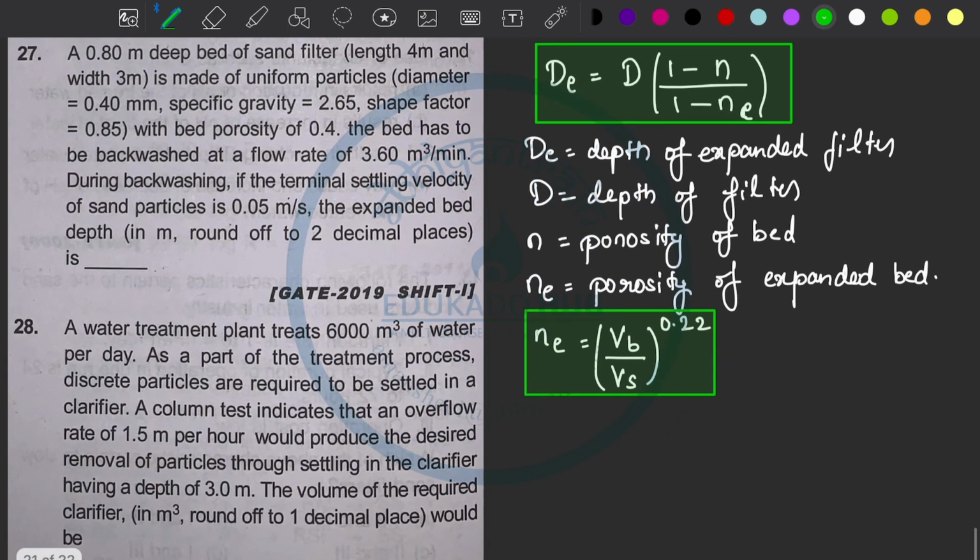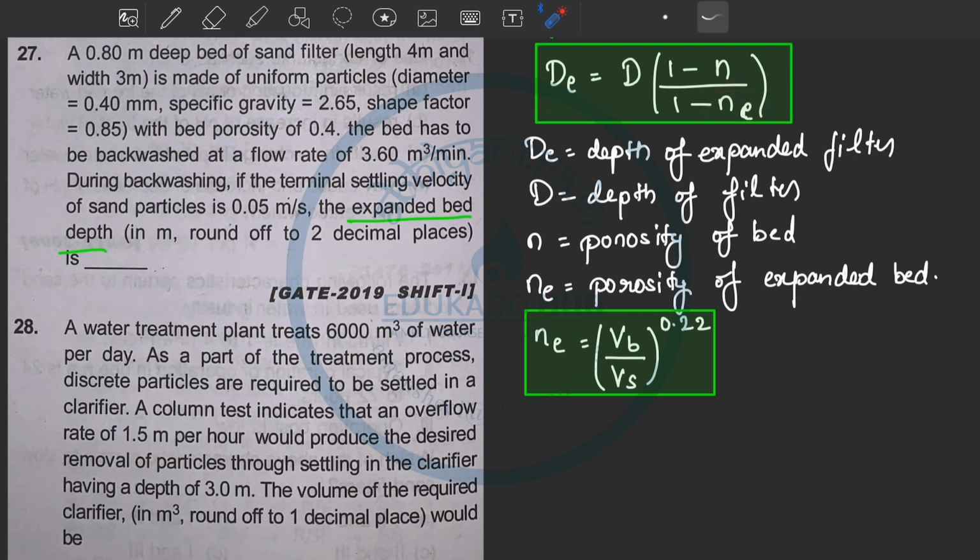Now to calculate the depth of the expanded bed, we are given the depth and the normal porosity of the bed as well, but I need to calculate ne.